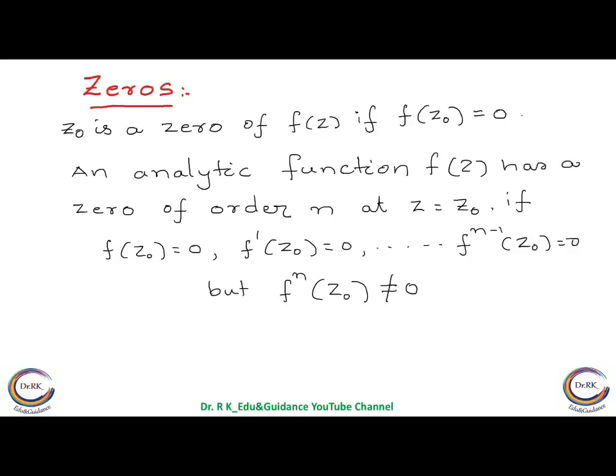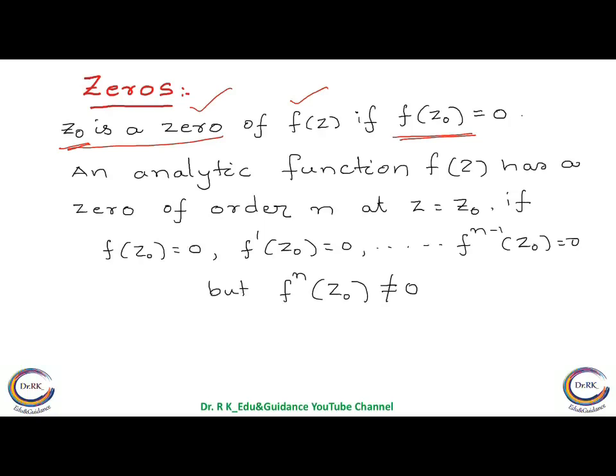Next, zeros. Let us take a function f of z and a point z naught. If f of z naught equals 0, then z naught is called a zero of f of z. This is the regular definition, so this is a simple zero.